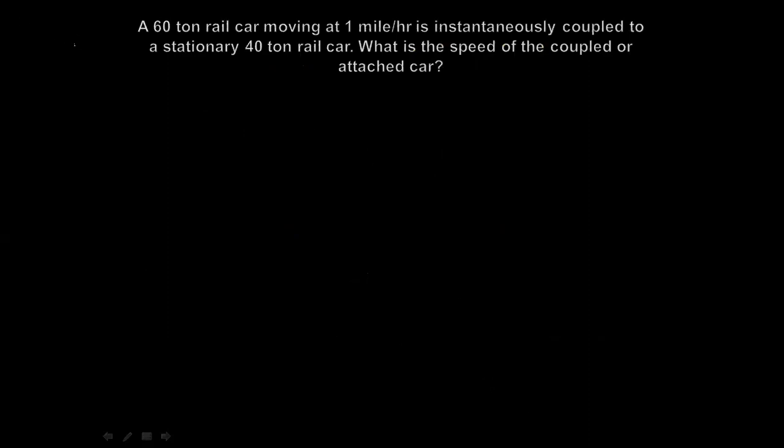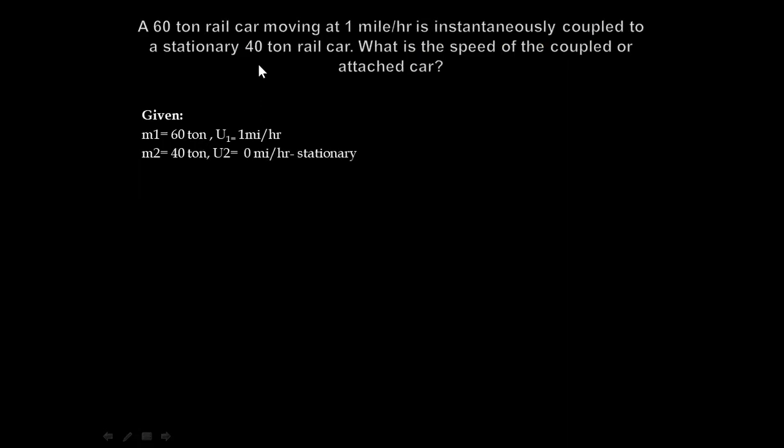We have a sample problem here. A 60-ton rail car moving at 1 mile per hour is instantaneously coupled to a stationary 40-ton rail car. What is the speed of the coupled or attached car? We are given m1 as the mass of the 60-ton rail car, with its initial velocity prior to the impact or coupling at 1 mile per hour as u1.